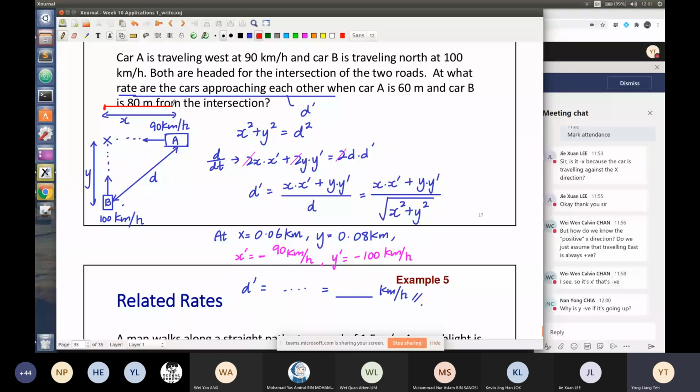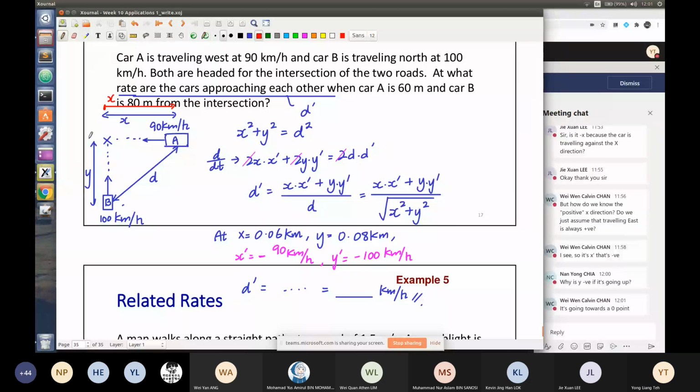So you treat x as a displacement, which means y must be a displacement from the intersection as well. So this must be your y. Y is downwards positive, so upwards is negative. This downwards is positive y, and rightward is positive x. So this guy must be negative.